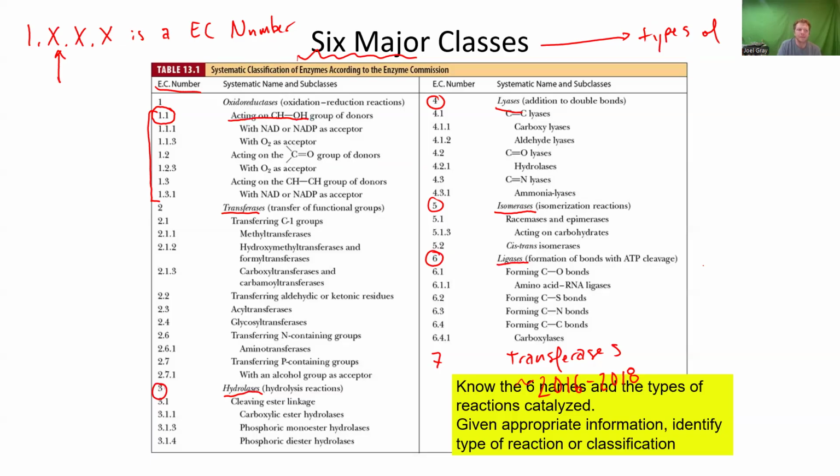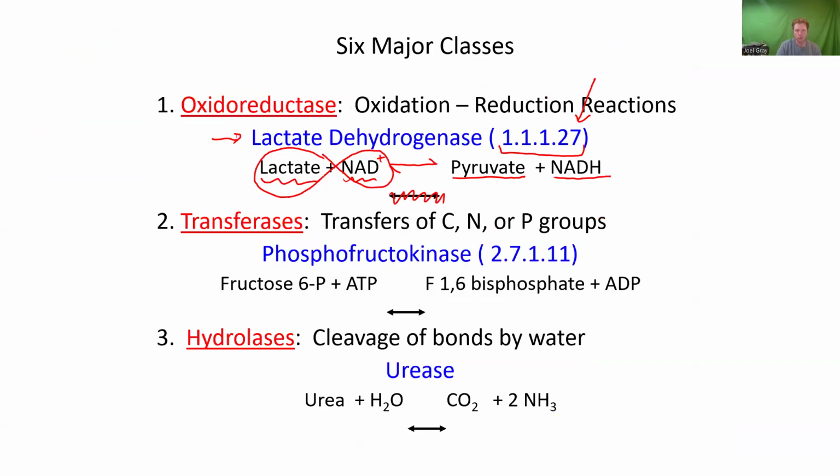So if you see 1.1, it's an oxidoreductase because of this number, and then it acts on this CHOH group of a donor. If it's 1.1.1, well, it says it's an oxidoreductase that acts on a CHOH group and it uses NAD or NADP as an acceptor. And then this last digit right here, which is what we see here, this 0.27, tells you what is the specific combination of reactants and products.